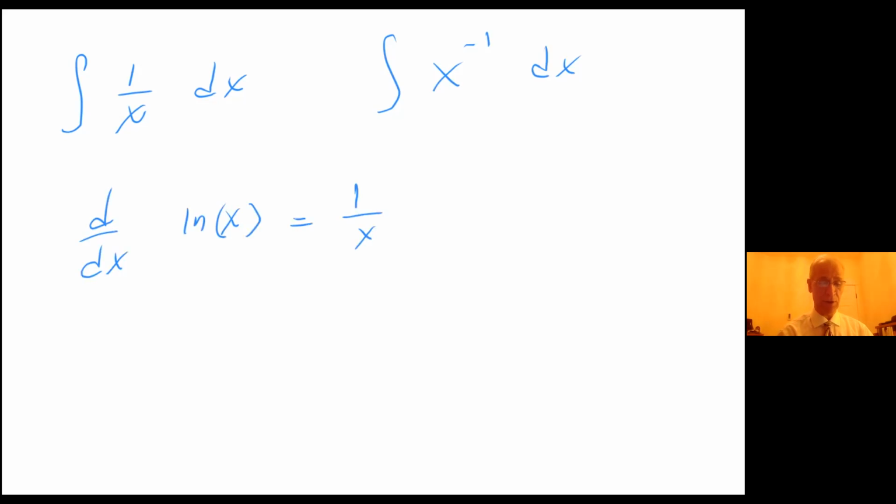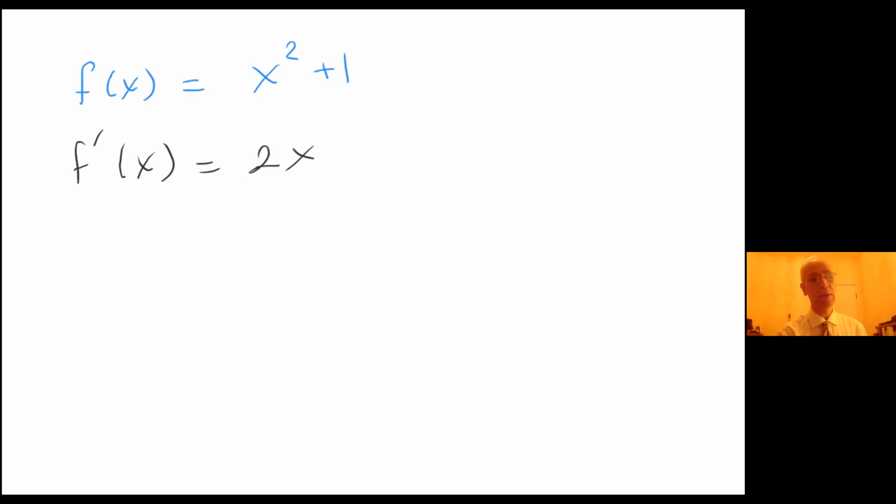They undo each other. What do I mean by that? Suppose you have f of x equals x squared plus 1. Then f prime of x equals 2x. So we know that d dx of x squared plus 1 equals 2x.